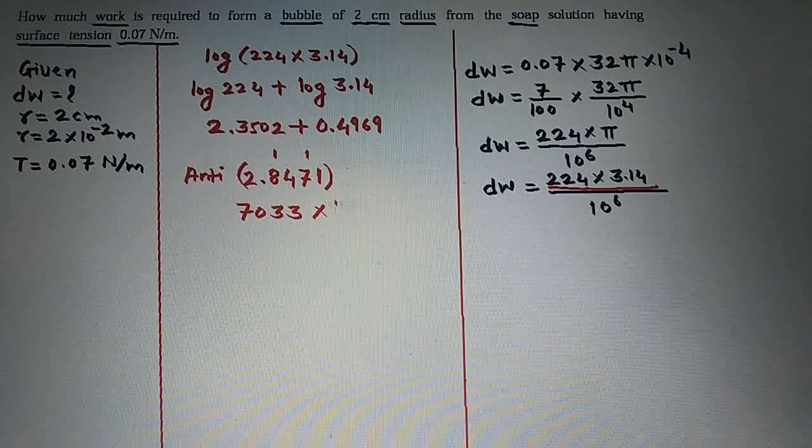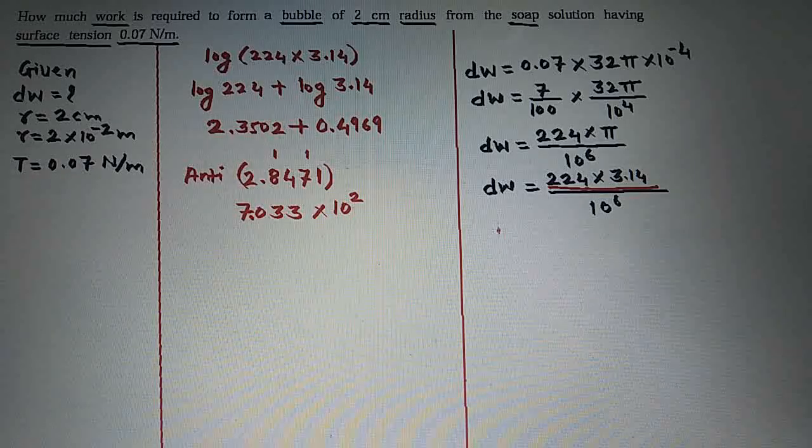We will write this 10 to the power, so it will be 10 raised to 2 here, and we will take the decimal point after the first digit. So the answer of this 224 into 3.14 is 7.033 into 10 raised to 2 here.